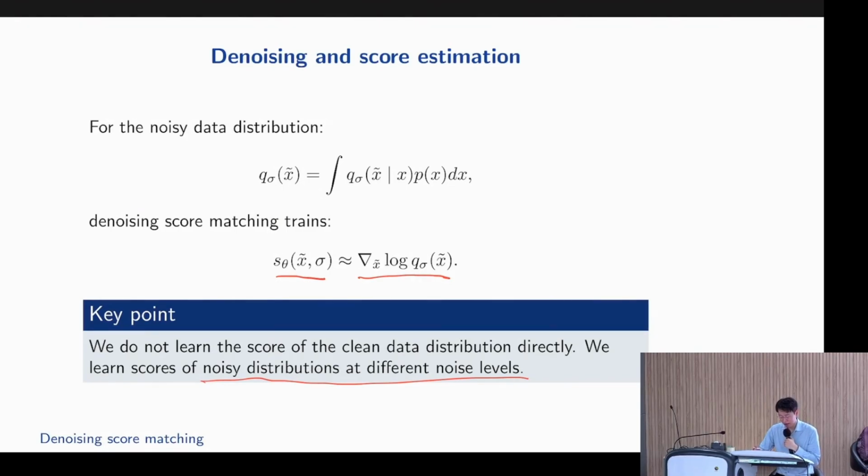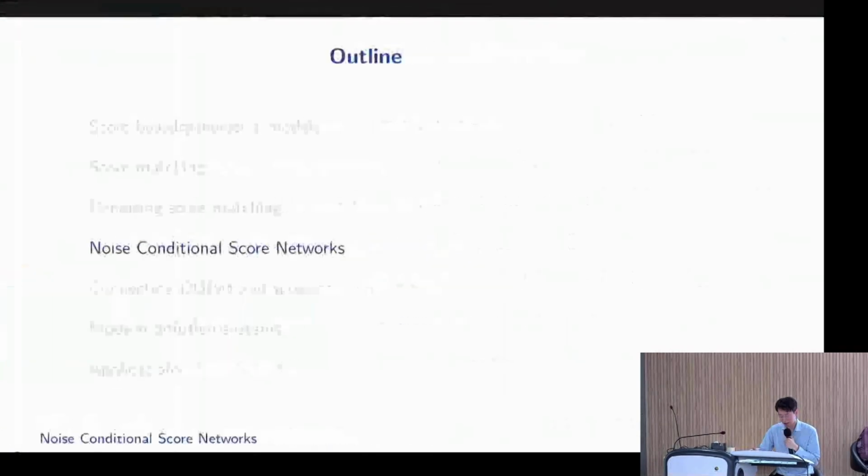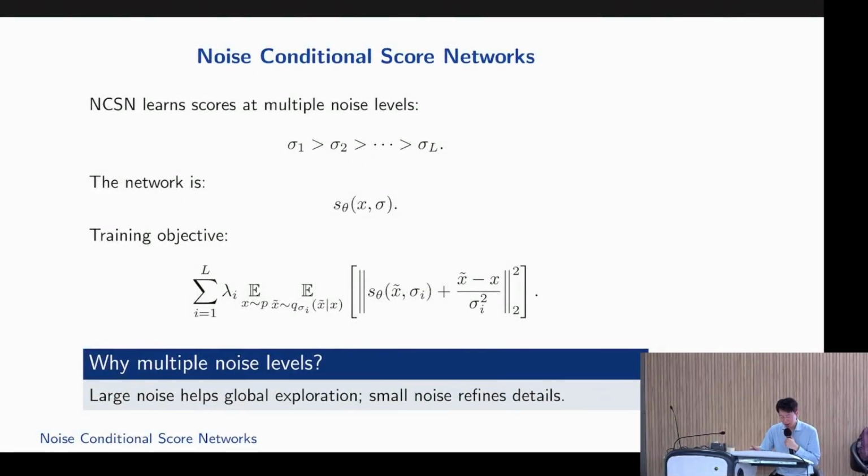So this hyperparameter sigma is going to be varied throughout the learning process. The actual implementation version is NCSN, noise conditional score network. NCSN learns scores at multiple noise levels. So sigma 1 is the largest, sigma 2 is second largest, etc. You predefine a set of noise levels, and you take the weighted average of different scores evaluated at multiple noise levels.